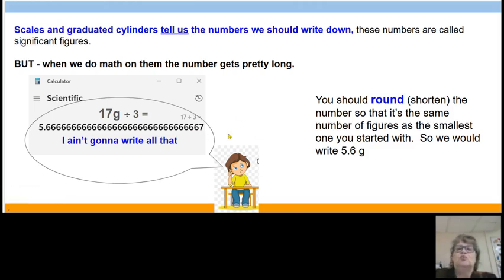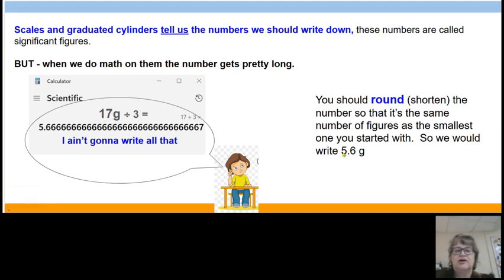What you should do is round or shorten the number. And you want to shorten the number to take the same number of figures as the smallest one that you started with, right? So I started with this 17 grams. That has 2 numbers in it, right?